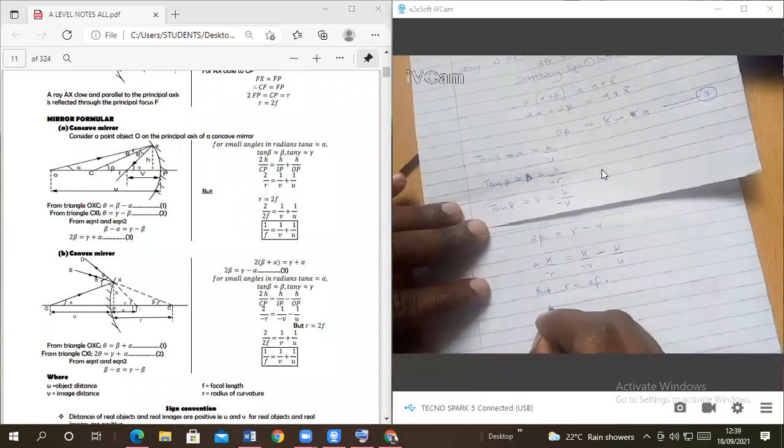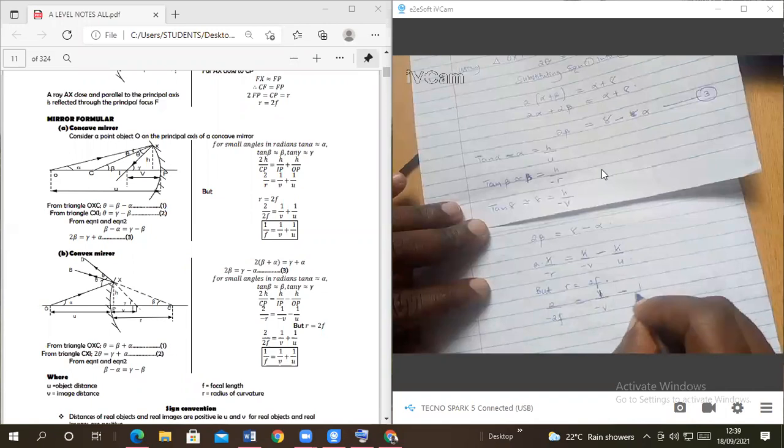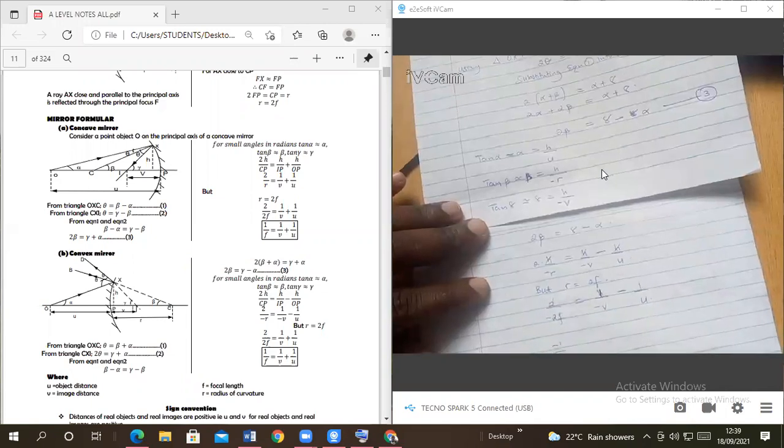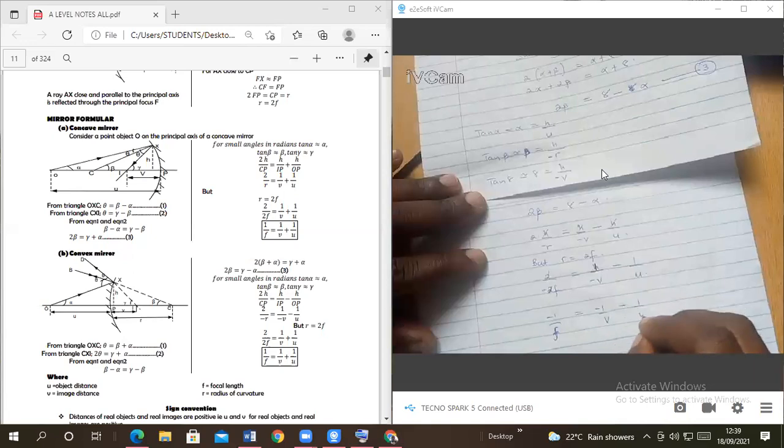You get 1, 1, 1. So we shall have 2 out of negative 2f, which is equal to negative 1 out of v minus 1 out of u. So I'll have negative 1 over f. These two cancel, and I get negative 1 over f, is equal to negative 1 over v minus 1 out of u.